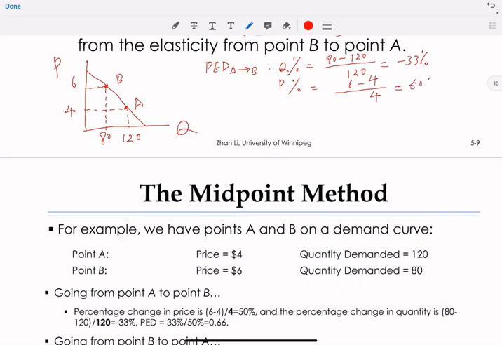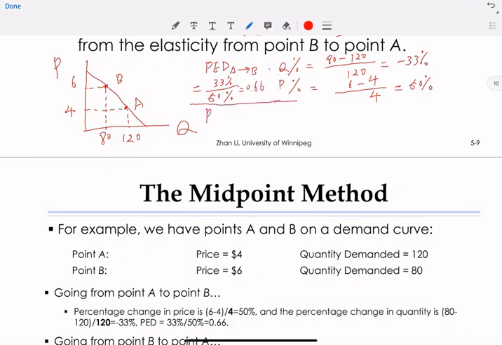So this gives us 50%. And you can see that this PED from A to B is given by minus 33% divided by 50%, right? Which is 0.66.